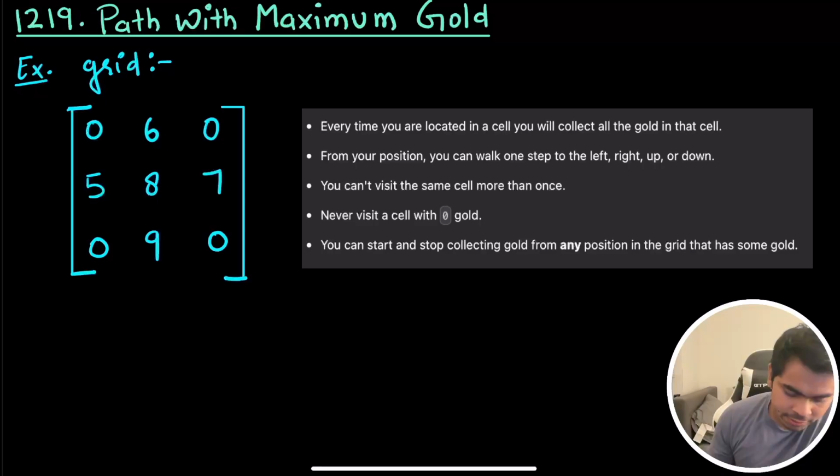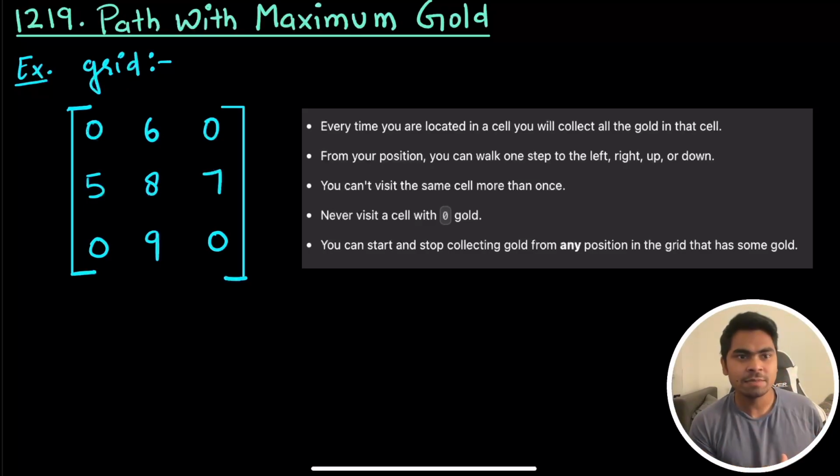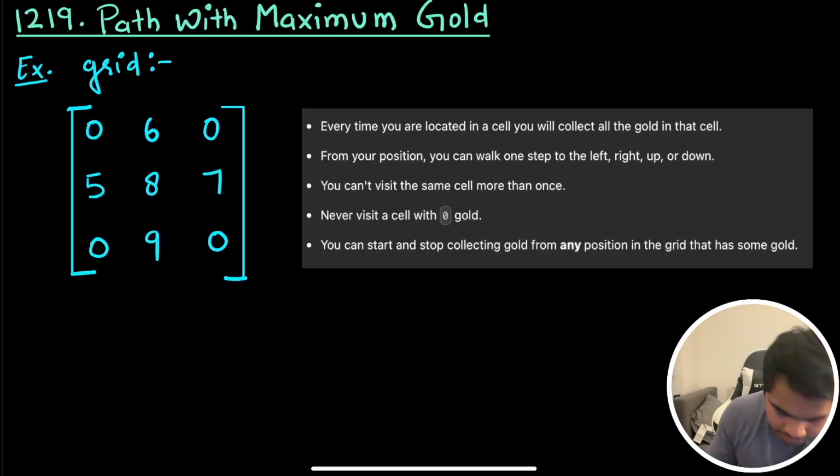We need to return the maximum gold under these conditions. So these are the conditions that we need to keep in mind while collecting the gold from this mine or grid, and we have to return the maximum possible gold under these conditions.